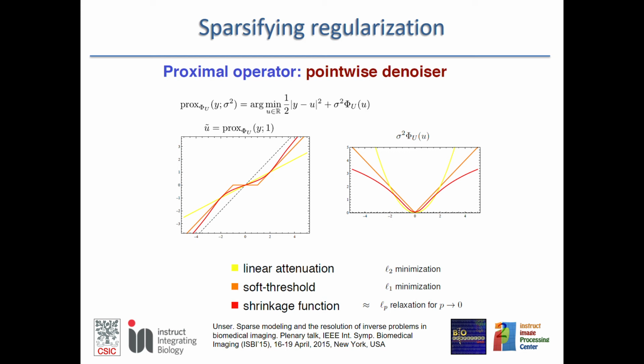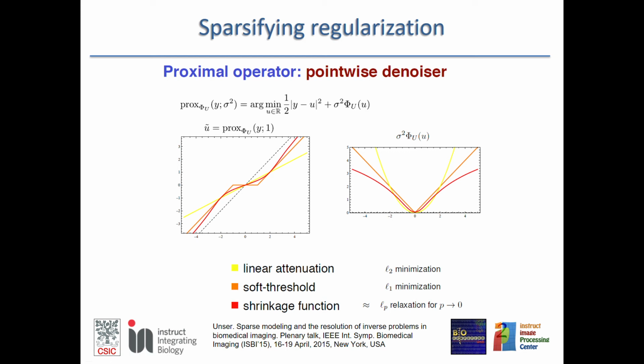And then you have soft threshold. The soft threshold is one where small coefficients are set to 0, and the large coefficients you keep as they are minus some constant.